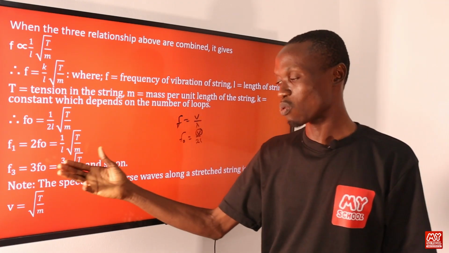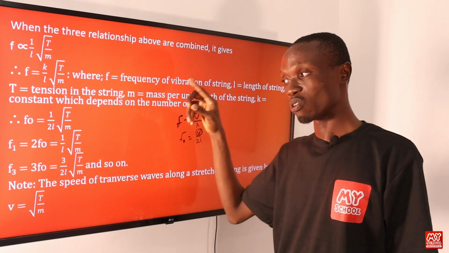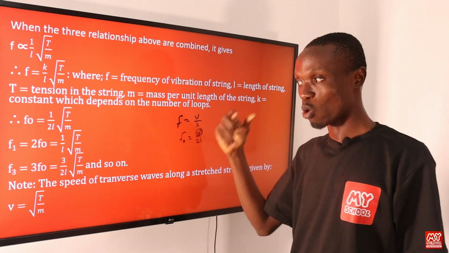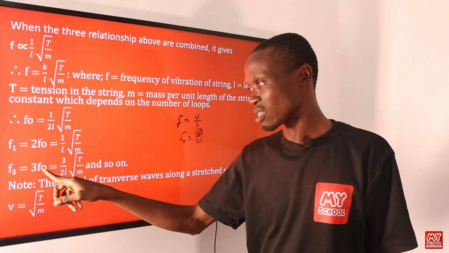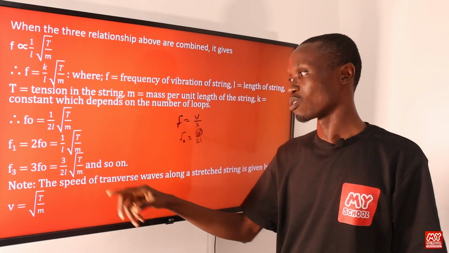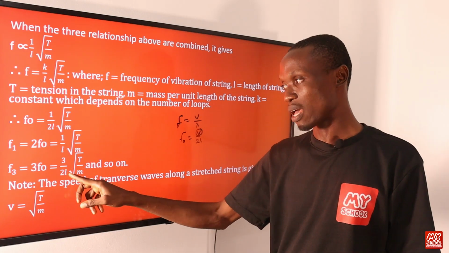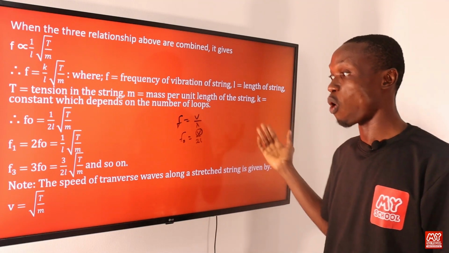For the third one, we can still do the same thing. F3, that is when we have 3 loops, or the third harmonic or second overtone, we replace F naught with the whole of this, so we have 3 over 2L, times root T over M, and so on.